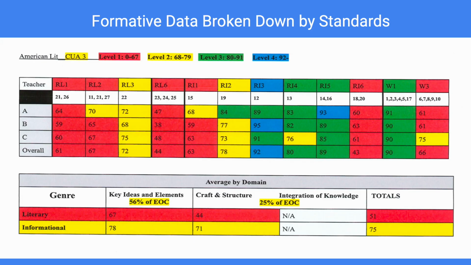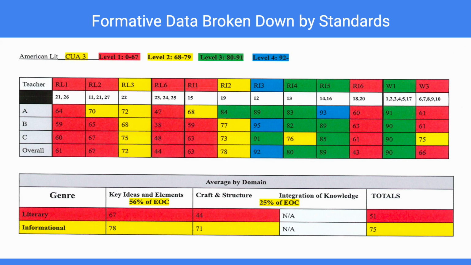My content coach also helped. She broke down the formative data by standard, and I thought this was actually very telling too. For this I should note that teachers D, E, and F are not included in this chart because this is something she wanted to do just for the classroom teachers that she works with on a more regular basis than the ESOL and SPED teachers.